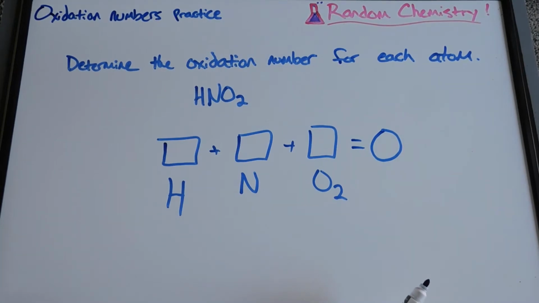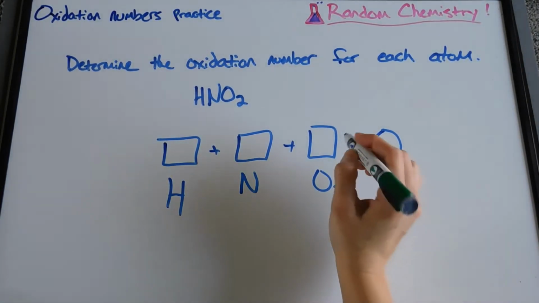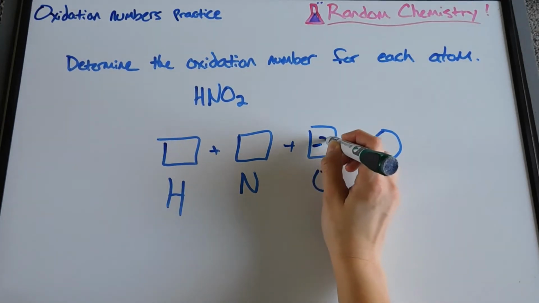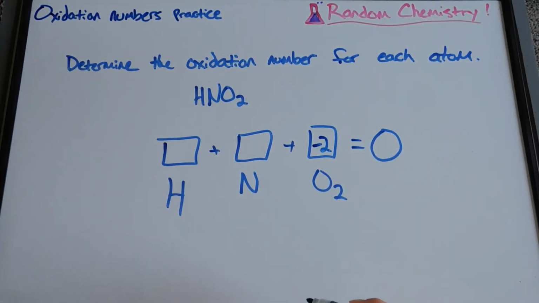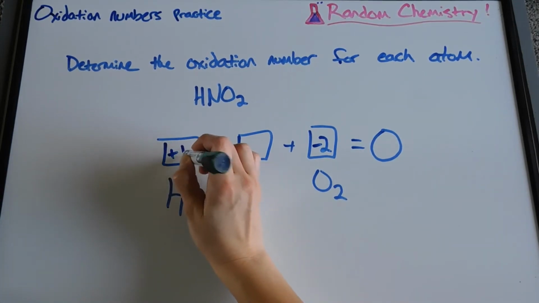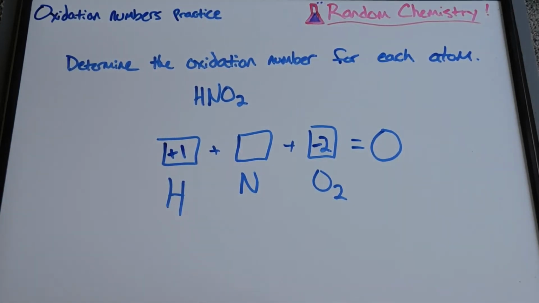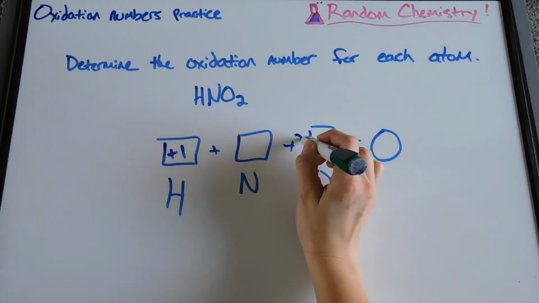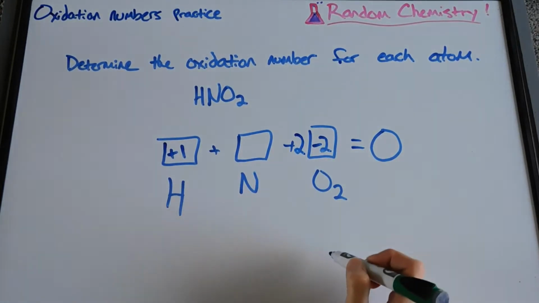And if we look at our rules again, it tells us that generally oxygen has an oxidation number of -2, and hydrogen generally has an oxidation number of +1. And now we can do math, algebra, to figure out the oxidation number of nitrogen. We have to remember to multiply this number by 2 because there are 2 oxygens.